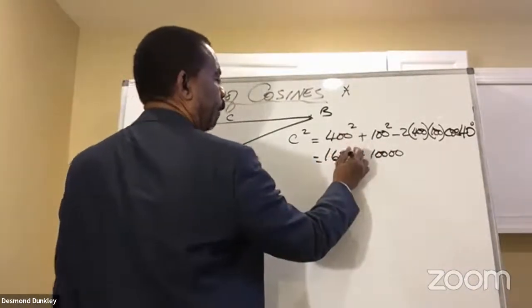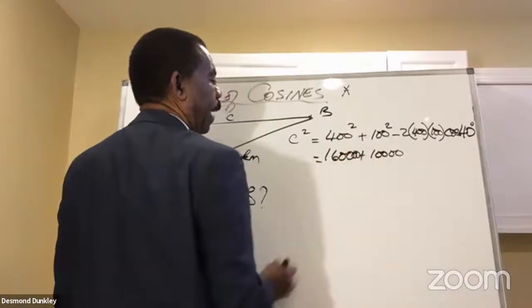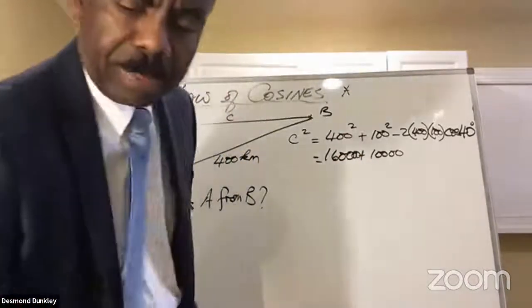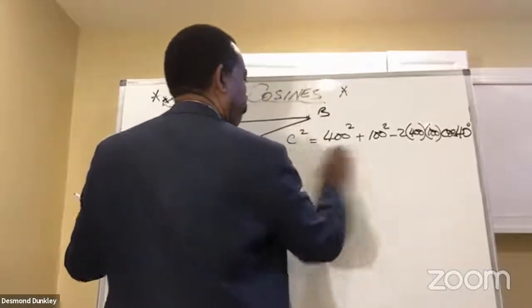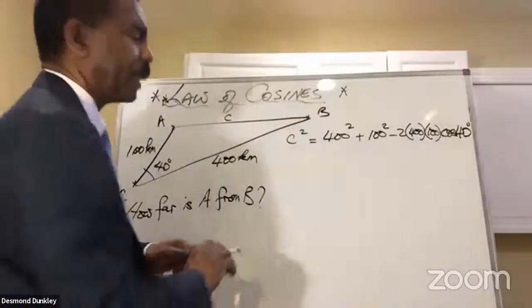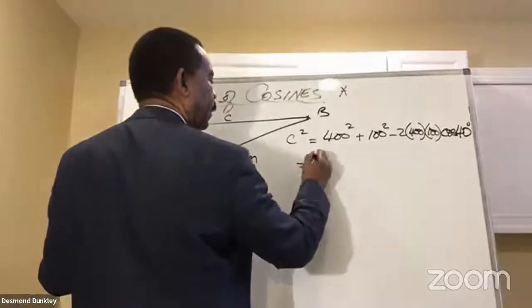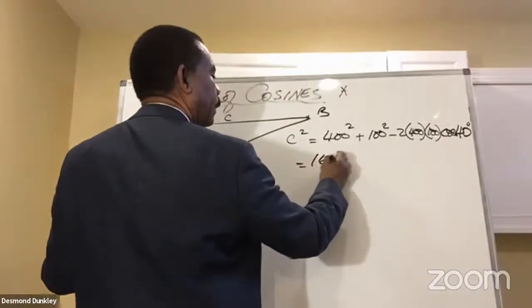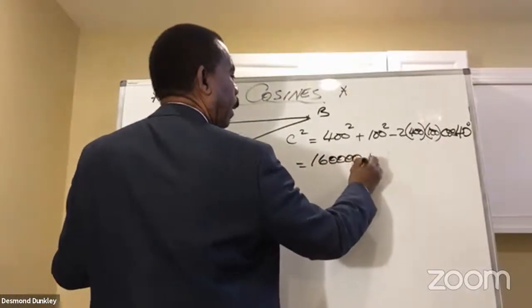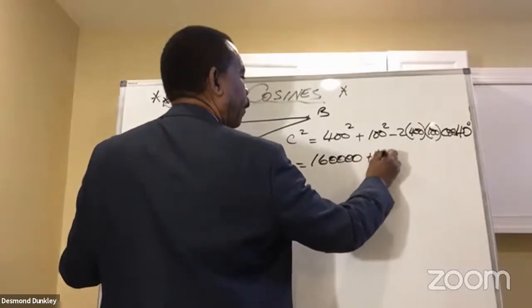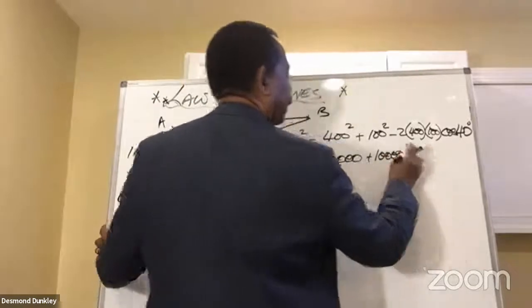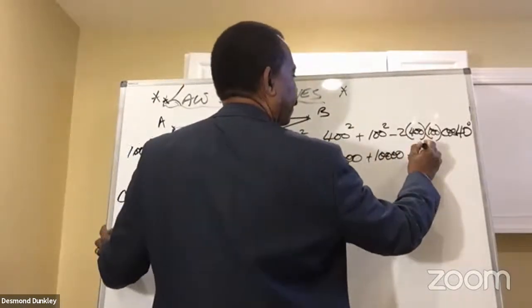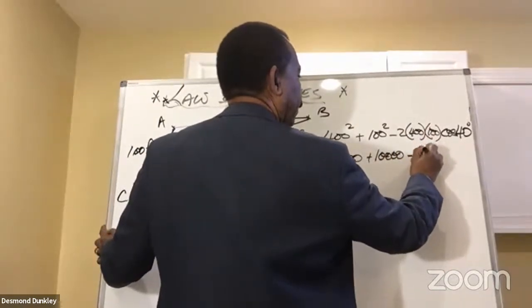Okay, so this should have been 2 more zeros. Let me clean it up properly. 400 times 400 is going to be 16 with 4 zeros. This is number 1 with 4 zeros. And then minus 2 times this gives me 8 with 4 zeros.